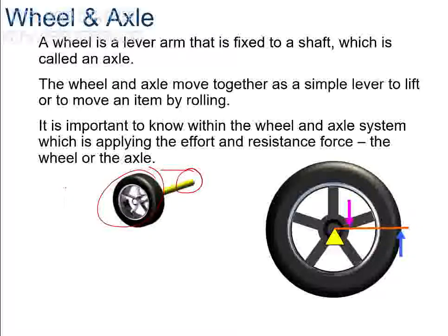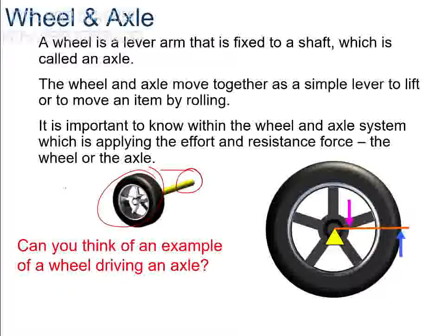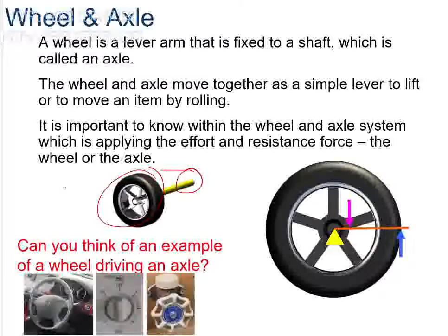It's important to know, within the wheel and axle system, which one is applying the effort and the resistance force, the wheel or the axle. Can you think of an example of a wheel driving an axle? When we see a wheel driving an axle, this is also a wheel and axle, and there are so many examples.